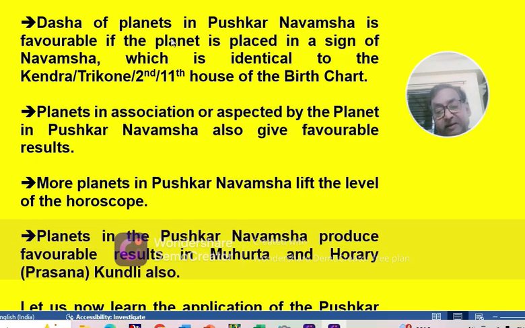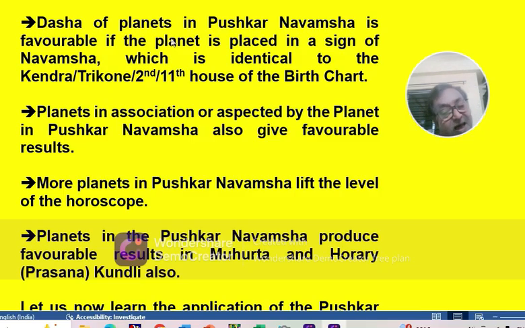Planets in association with or aspected by the planet in Pushkar Navamsha also give favorable results. For example, your Venus is in Pushkar Navamsha. It is with the Sun and it aspects Mars in your birth chart.